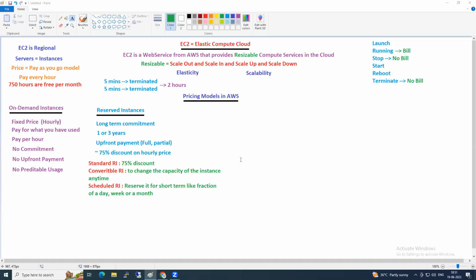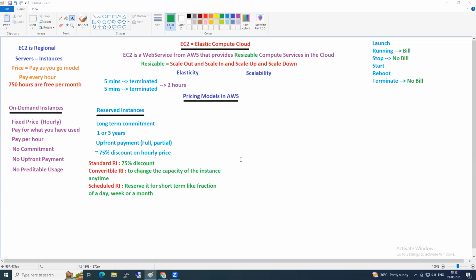Now he'll ask me, sir, for how many months have you been using these machines? I say it's more than a year. Shashi will ask one more question: are you planning to use them for the next year also? I said yes, for the next 2 to 3 years we'll be using the same. So now you're using all on-demand instances.